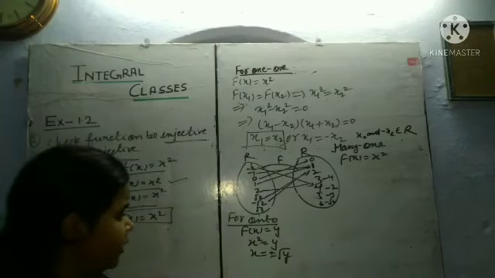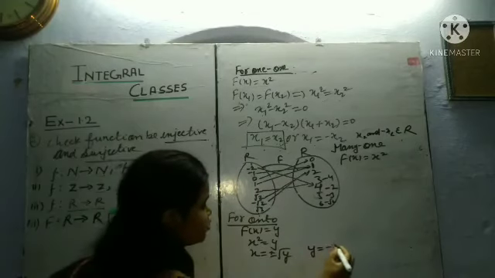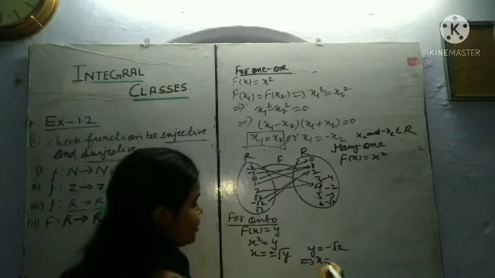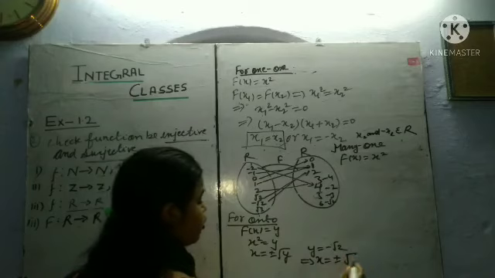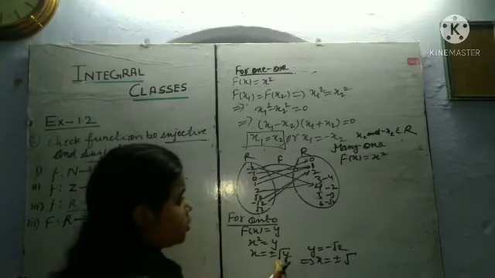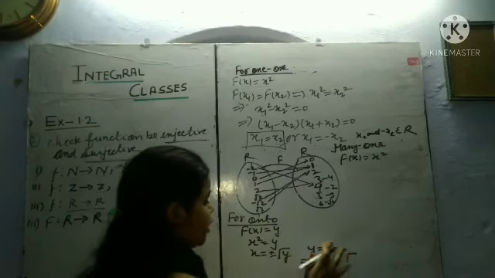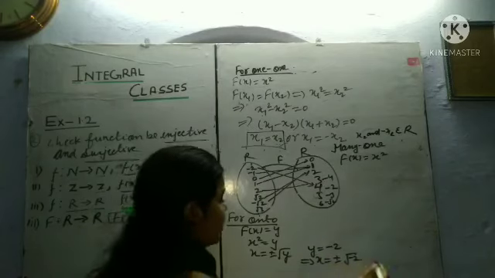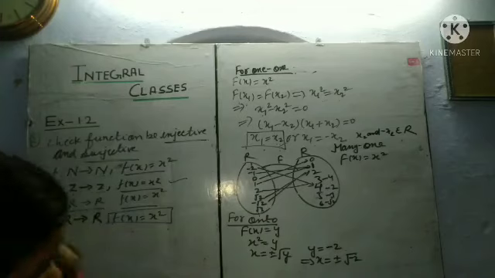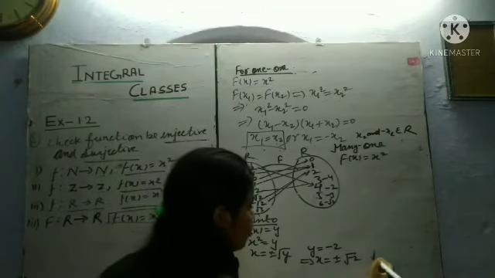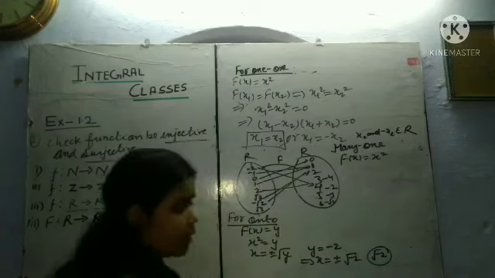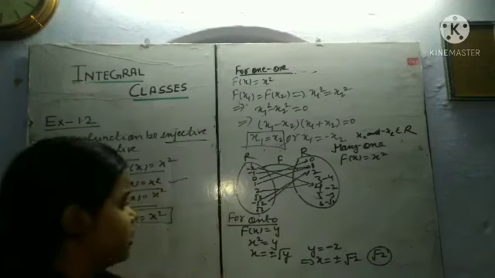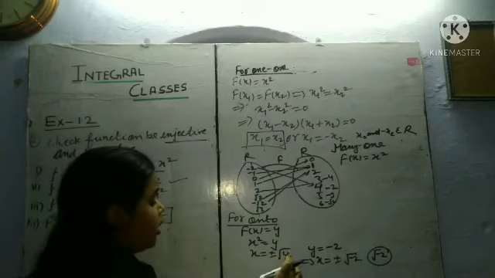Now I will put the value y equal to -√2. So we will get x equal to plus minus root of -√2. As we know that this is not a real number, it is an imaginary number. So this type of function is not onto, it is into.